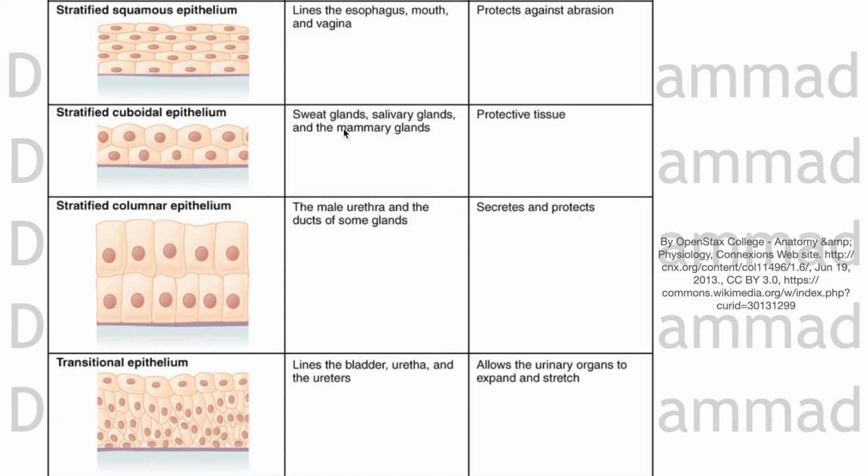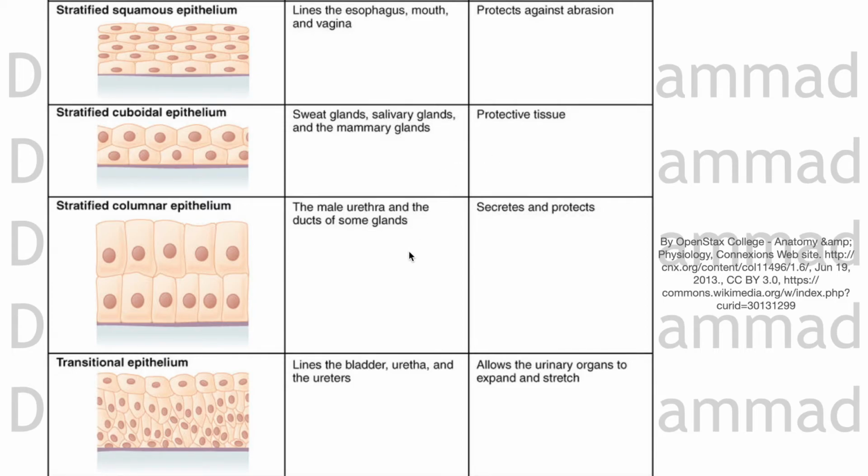The stratified squamous is for protection. You can find it in the esophagus, mouth, vagina, and skin also. It protects against abrasion. Stratified cuboidal has a secretory function, present in sweat glands and salivary glands, and is also a protective tissue.